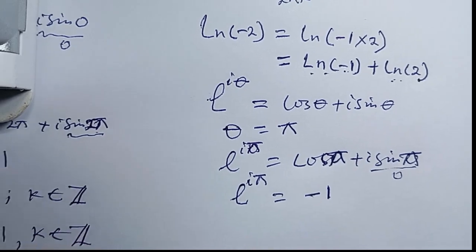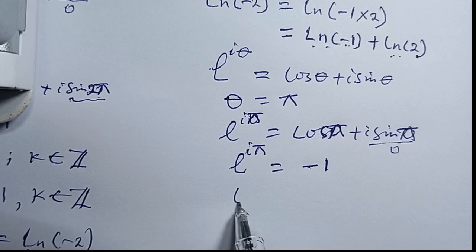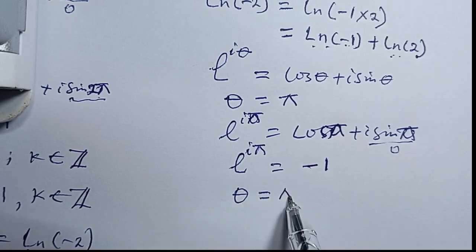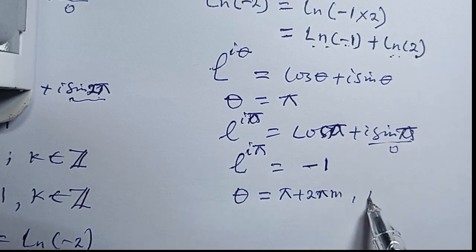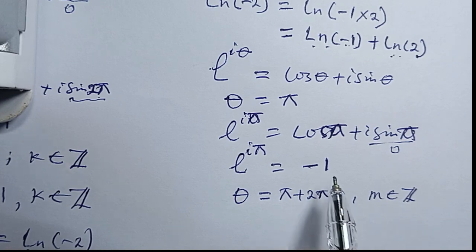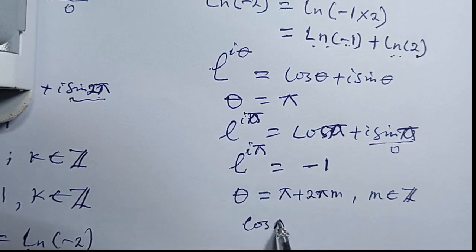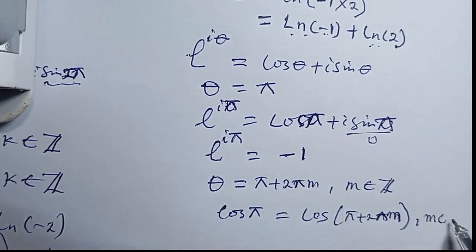In general, for theta equal to pi plus 2 pi m, that is for all integer values of m, this exponential equation is also going to give you negative 1. Why? Because cos pi is the same as cos of pi plus 2 pi m, and this is true for all integer values of m.